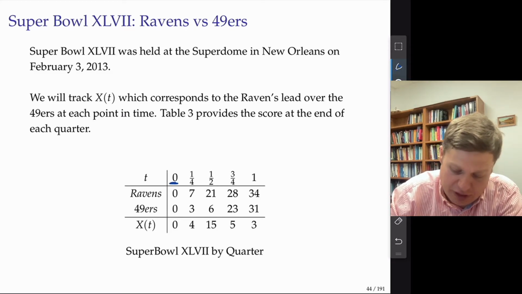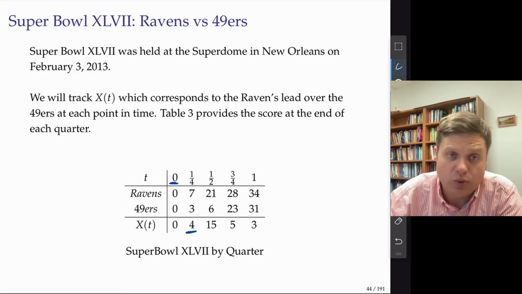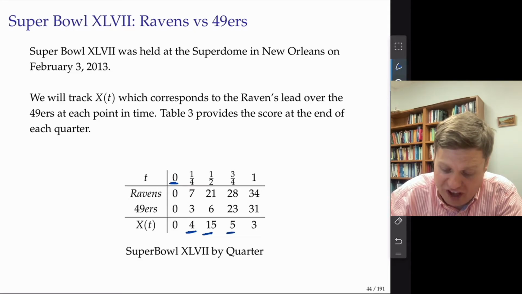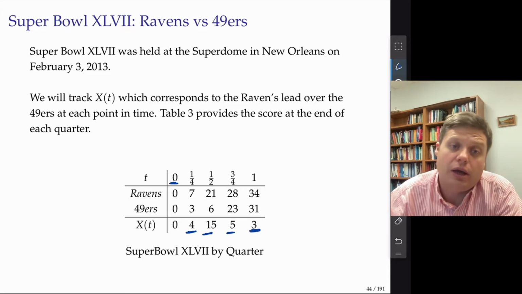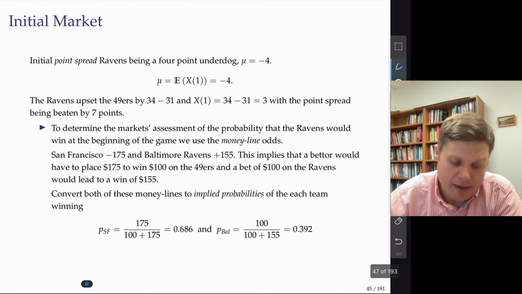At the beginning of the game, they started with 0-0, and then 7-3 at the end of the first quarter, and the Ravens led by 4. 21-6 at halftime, and the Ravens were leading by 15. 28-23, so the lead actually narrowed to only 5 points, and at the end of the game it was 34-31, even more narrow, 3 points.